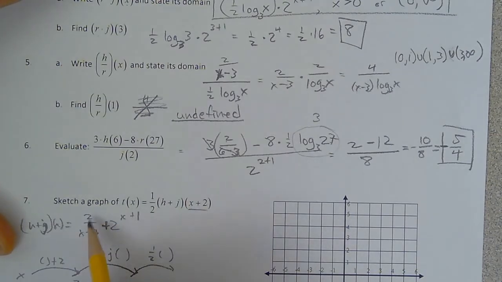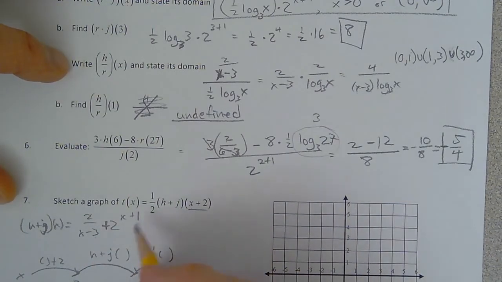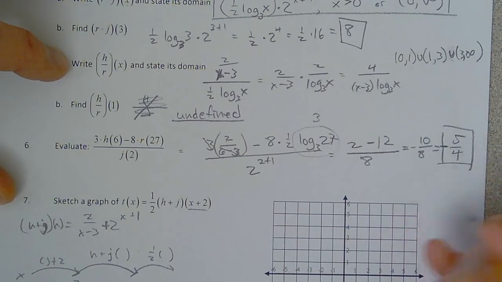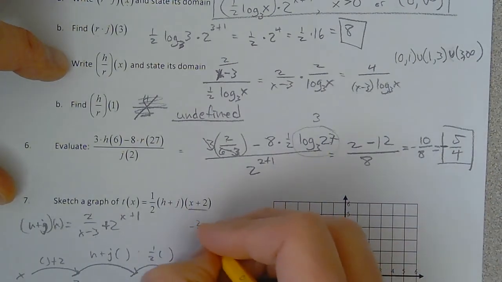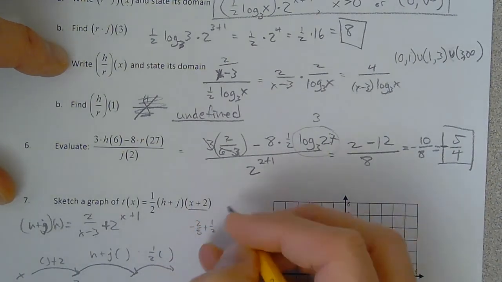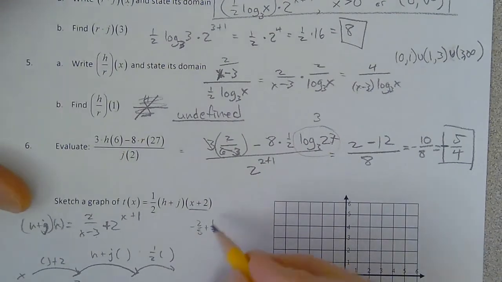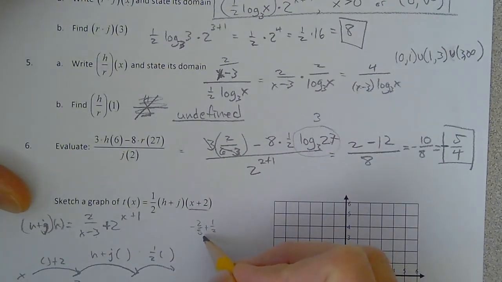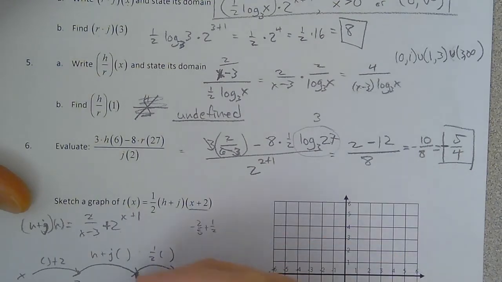-2, if I plug it in here, I'm going to get 2 over -5, so that's -2/5 plus 1/2. So -2/5 plus 1/2, that is -4/10 plus 5/10, which is 1/10 that comes out here.